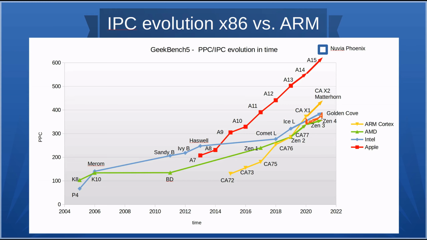I believe Zen 4 will be somewhere close to Golden Cove, and because of the floating point performance could be stronger than the Golden Cove actually, because Zen 4 will have 512-bit wide vectors.